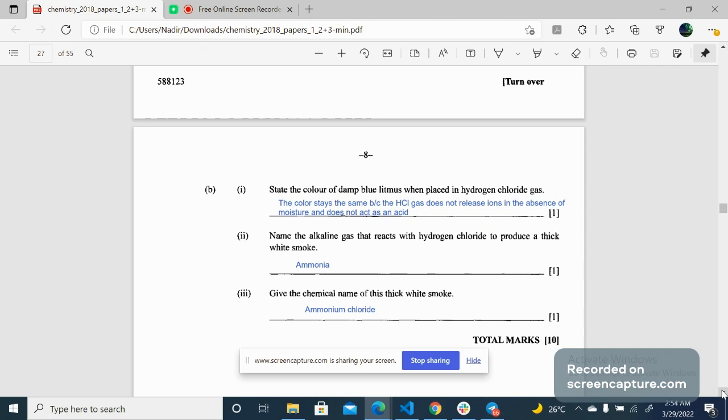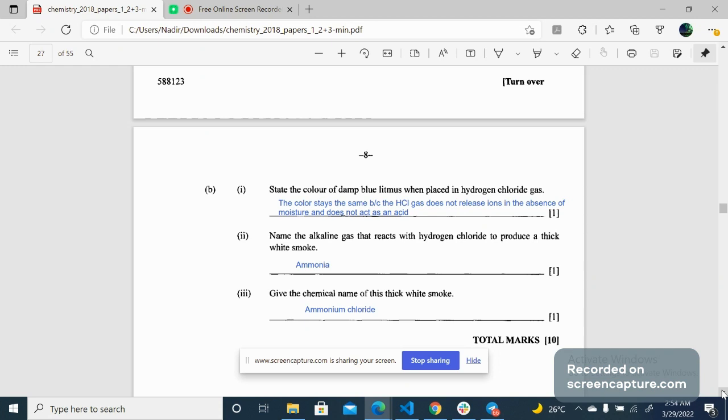So the answer is the color does not change at all, because hydrogen chloride gas does not release ions. If it's gaseous, the environment does not have any moisture, and this hydrogen chloride gas is not the same as hydrochloric acid, because it is hydrochloric acid that releases ions and turns the color of litmus from one color to another.